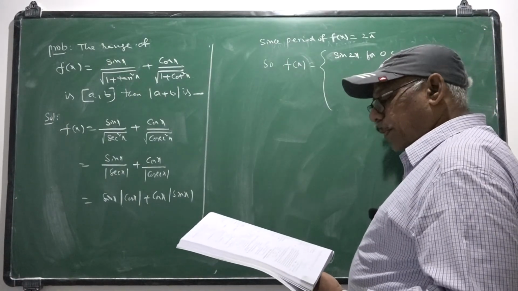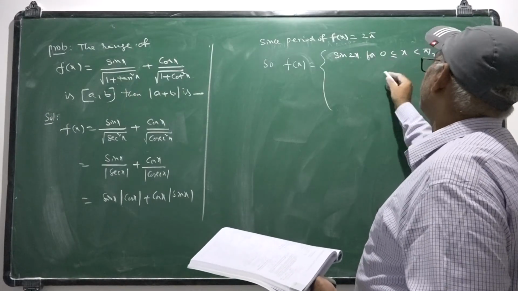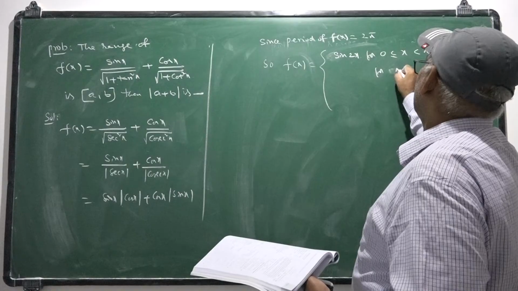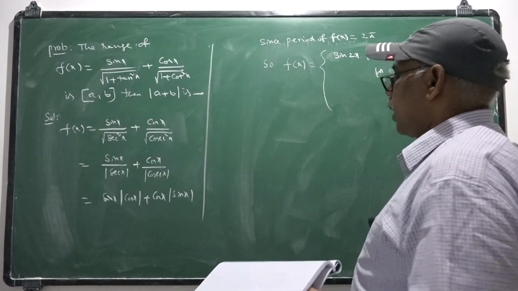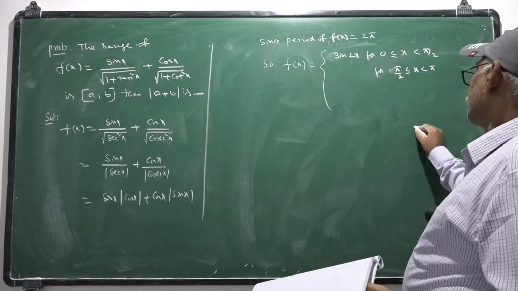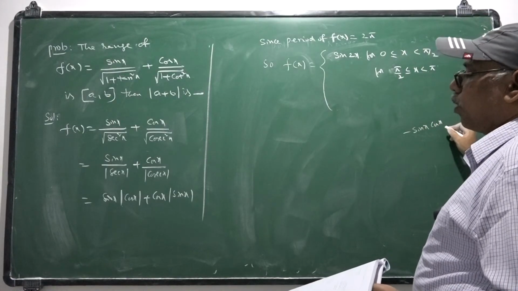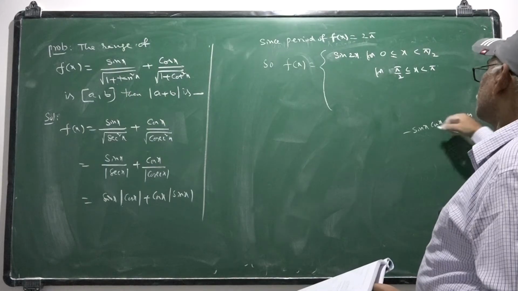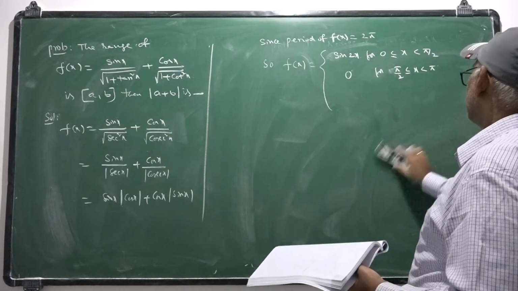At x equal to pi by 2 to pi, for x between pi by 2 and pi, in the second quadrant, cos is negative, sine is positive, hence sin x cos x plus cos x sin x clearly 0.